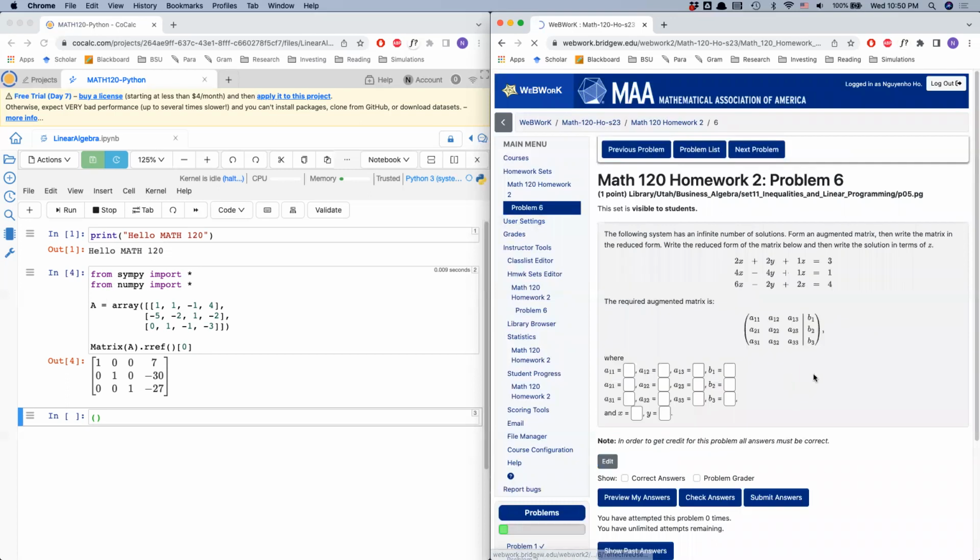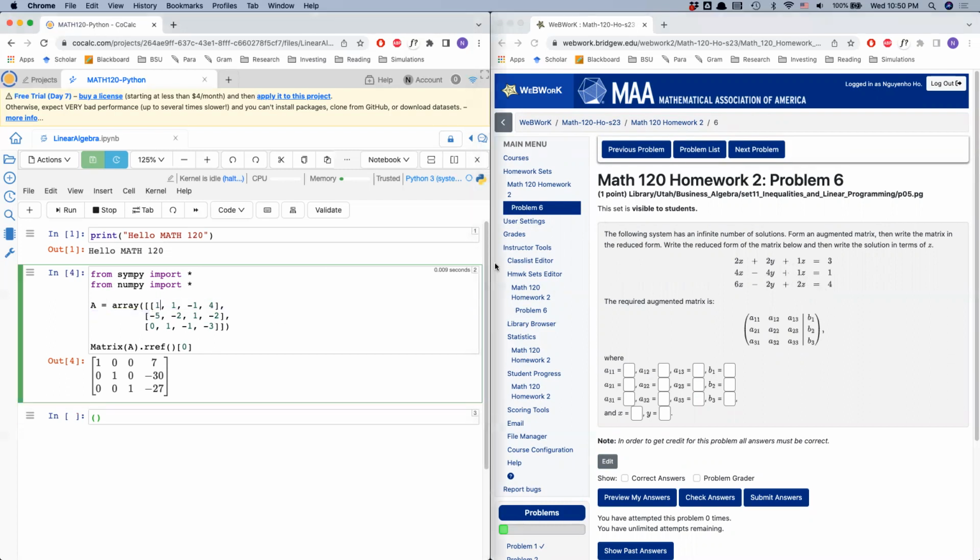Problem 6. Problem 6 here. So I did this in class already, but let's go over this one more time. So I have the system here, and I'm going to input this into the code. So this is 2, 2, +1, and +3.